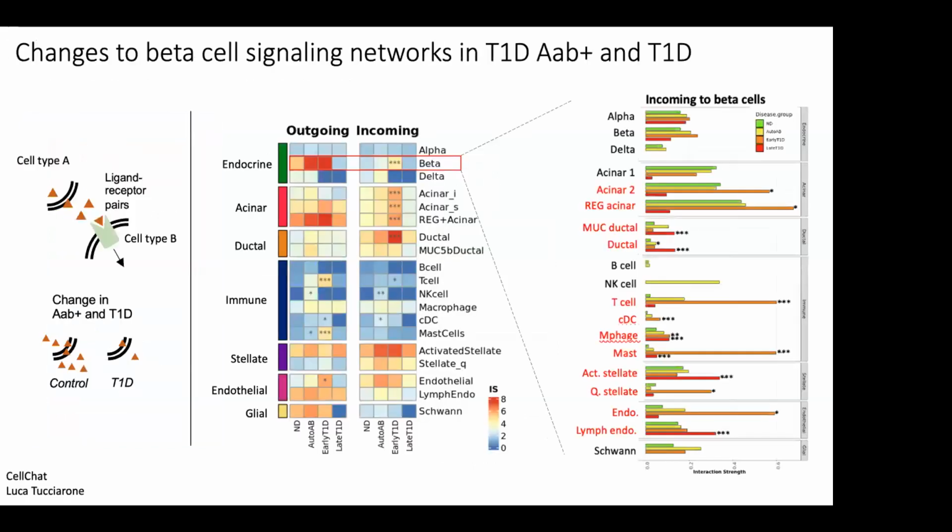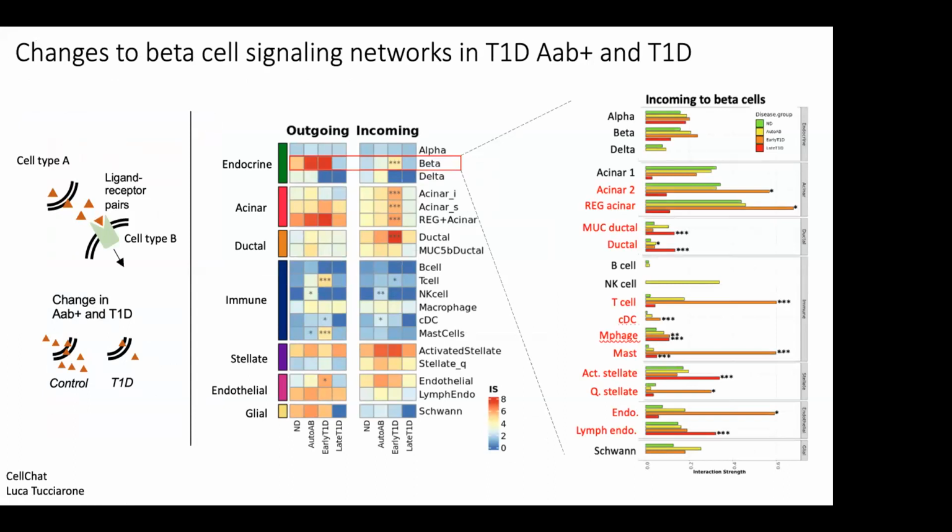Okay, so the final thing we did with these data was to look for changes in signaling networks, right? So we have changes within each cell type in terms of gene regulation, changes in chromatin. We next wanted to ask whether there are changes in the signaling relationships between different cell types in the pancreas. So to do this, we used ligand receptor analyses, where basically you infer relationships between cell types based on the expression of a ligand arising from one cell type and the receptor expression in a different cell type.